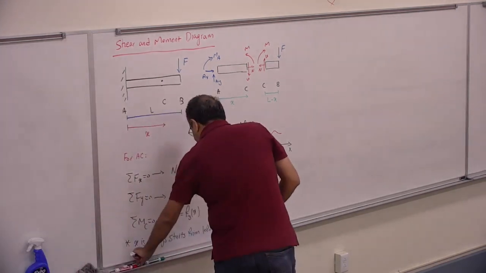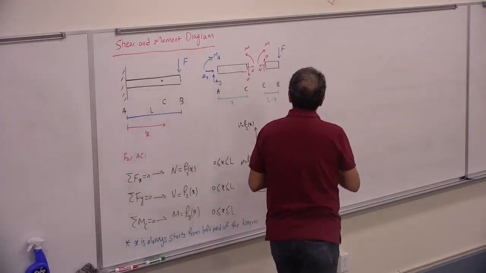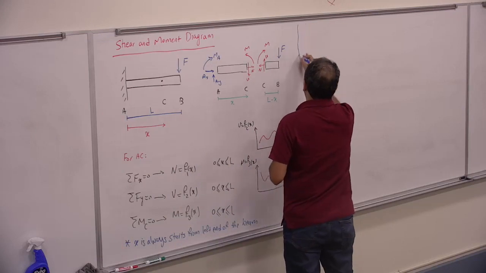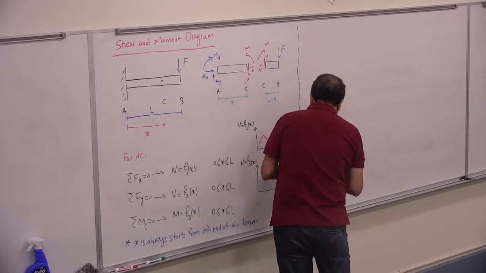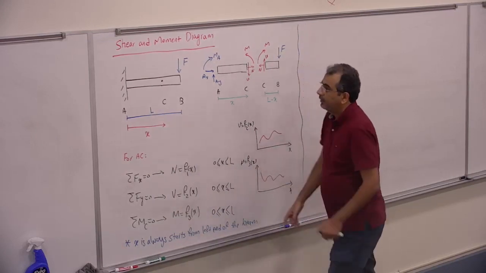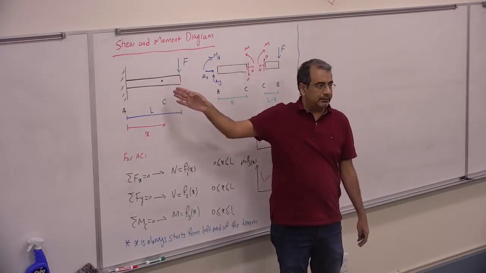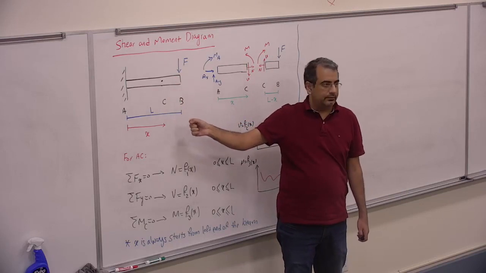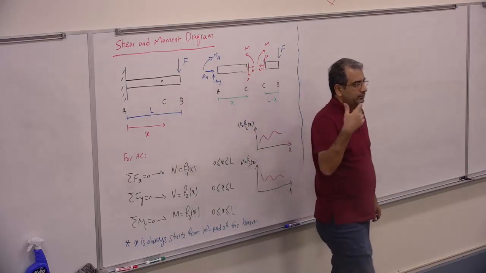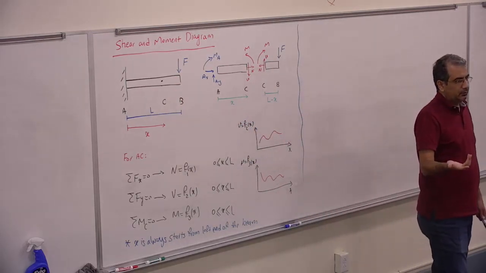So I cut it, and I put the x at point C here. But in general, where should I put the cuts?